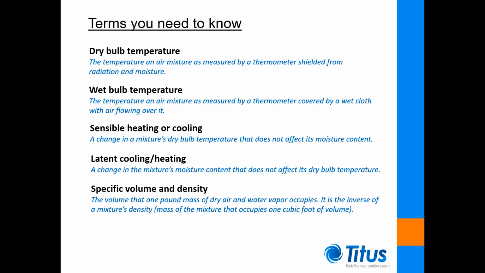They are used to convert the volume flow rate of a moving air mixture to a mass flow rate. Finally, sensible heat gain ratio is the ratio of a space's sensible heat gains to its total heat gains, which are sensible plus latent gains.